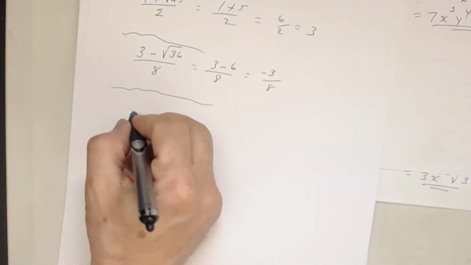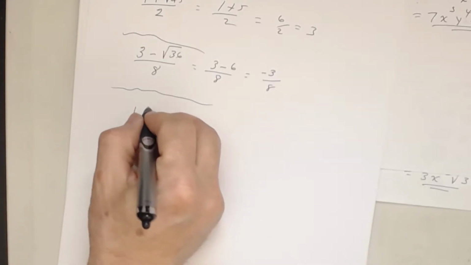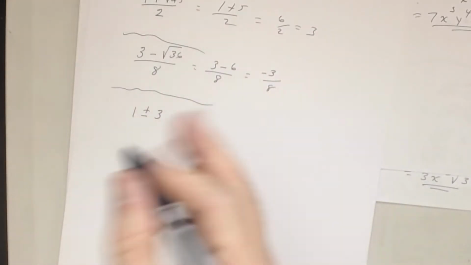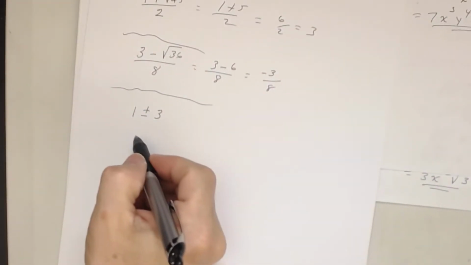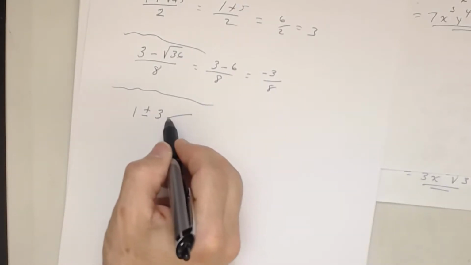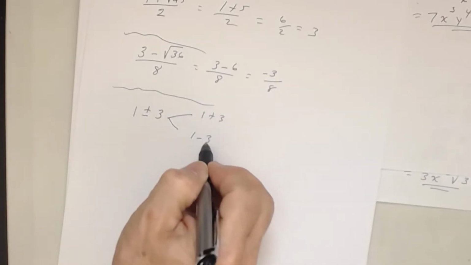Now, sometimes you will see this: 1 plus or minus 3. Whenever you see that 1 plus or minus 3, what that means is that this expression can be written as 1 plus 3 and then 1 minus 3.